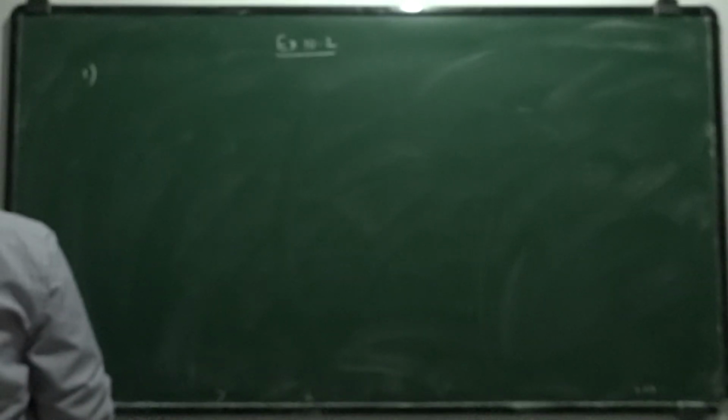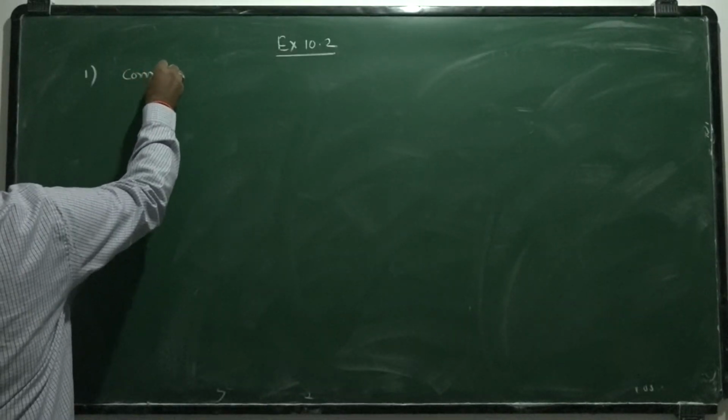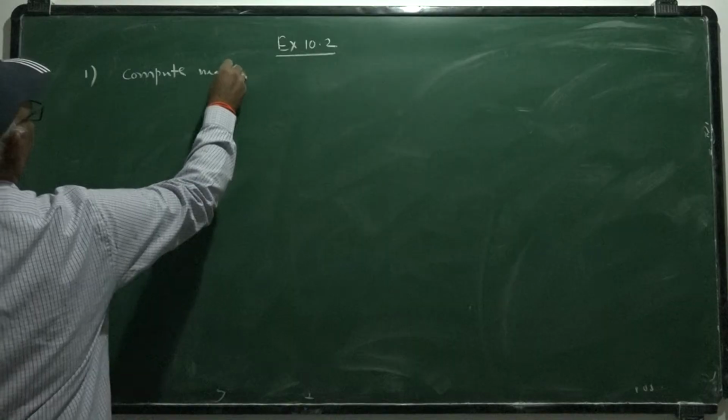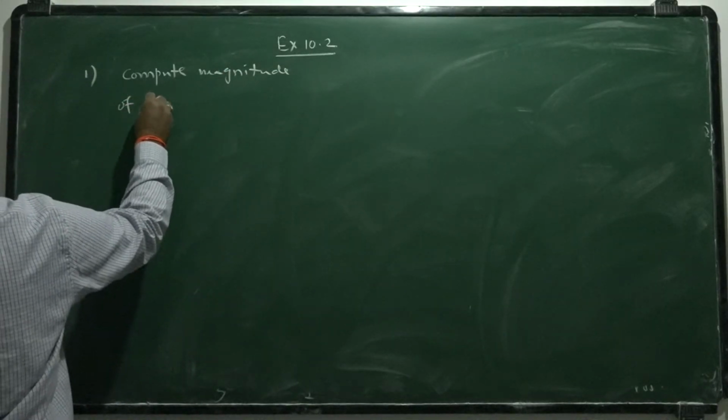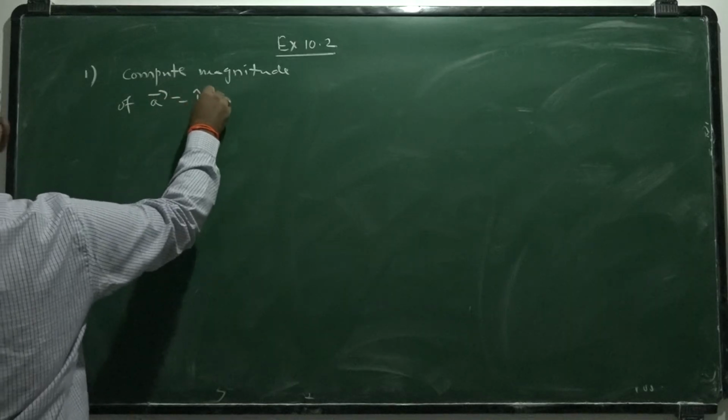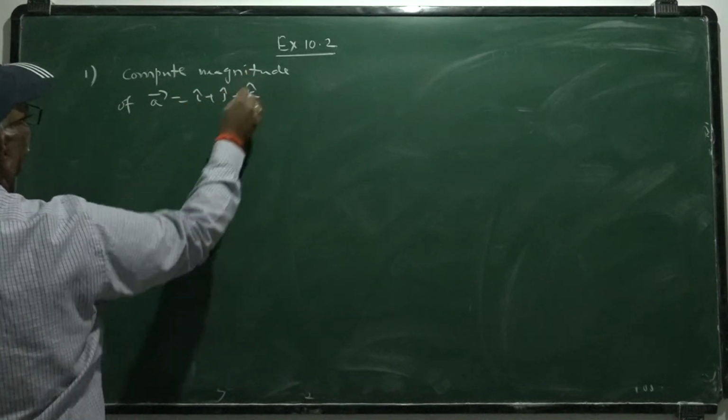The first one. Compute the magnitude of the vectors. A bar equal to i plus j plus k.